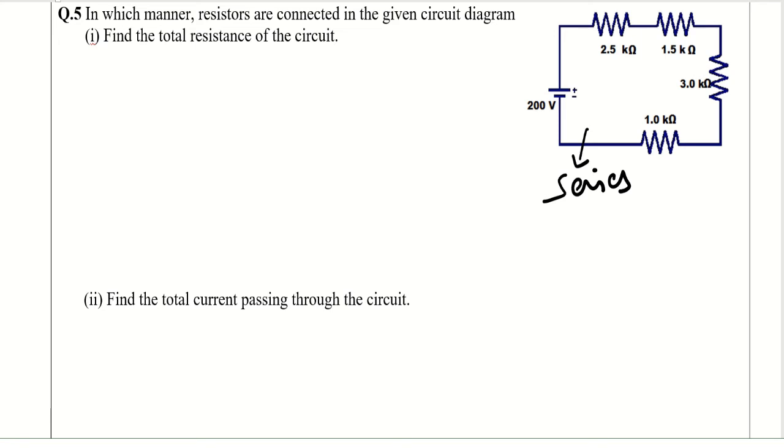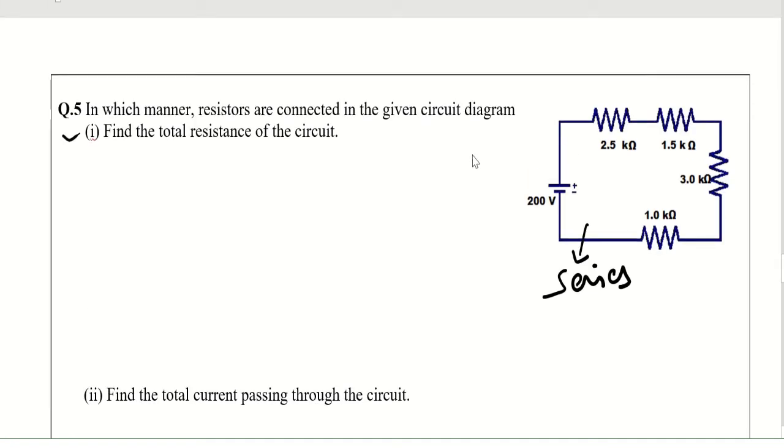Now part 1: find the total resistance of the circuit. Here there is one resistor here, one here, one here and one here, so the total number of resistors connected in this circuit is 4. We can give names to these resistors: R1, R2, R3 and R4.